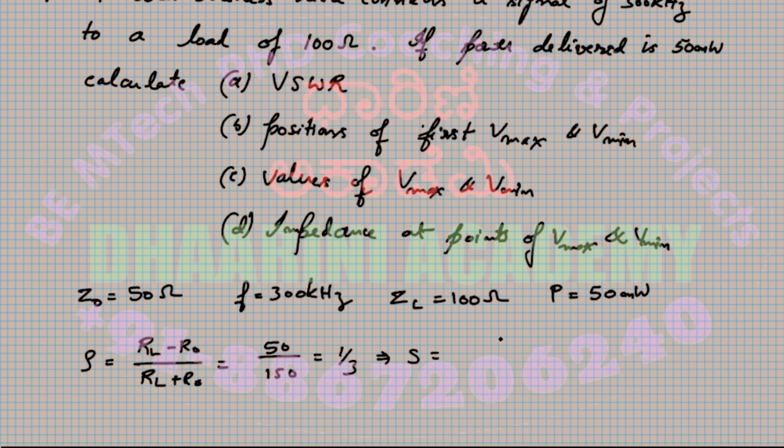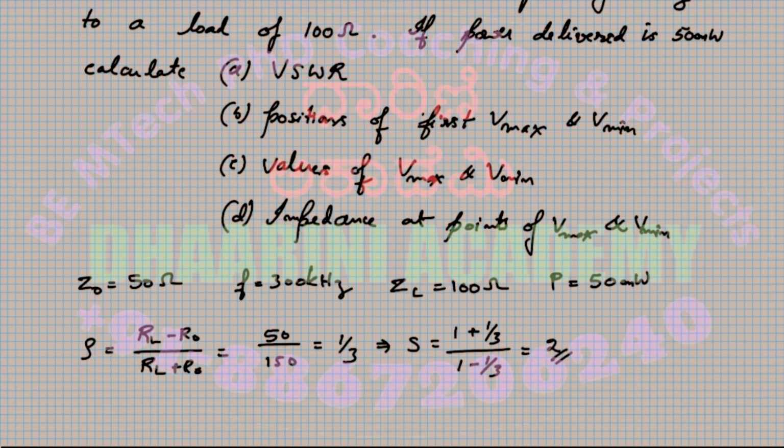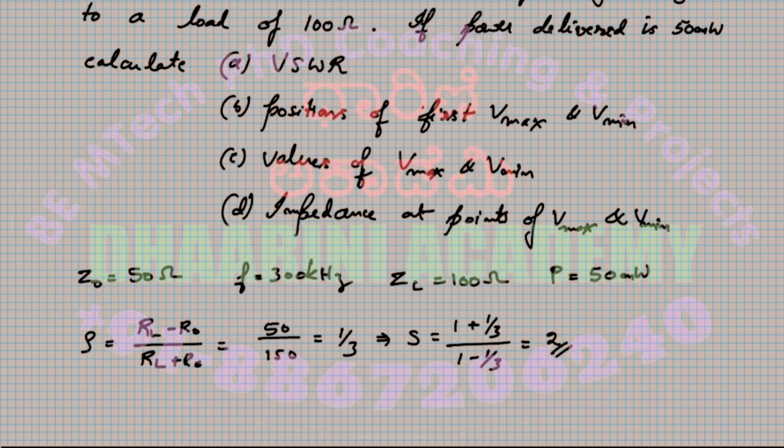The magnitude is 1 by 3 only, so the numerator is 1 plus 1 by 3 and the denominator is 1 minus 1 by 3. So 2 by 3 by 1 by 3, it's 2. Perfect. What you told is right.